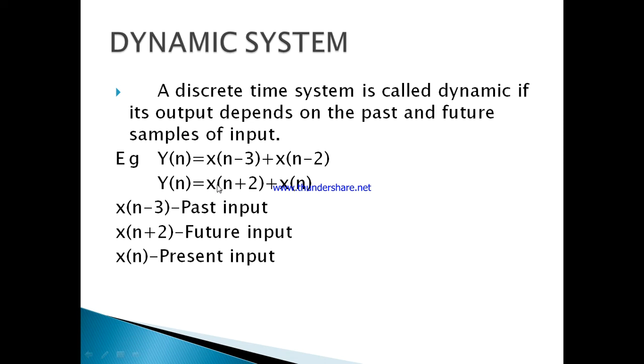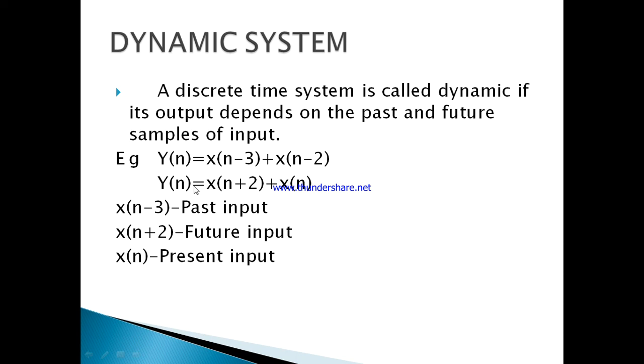Here y of n equal to x of n plus 2 plus x of n. So here y of n is the output and x of n is the present input, and x of n plus 2 is the future input.